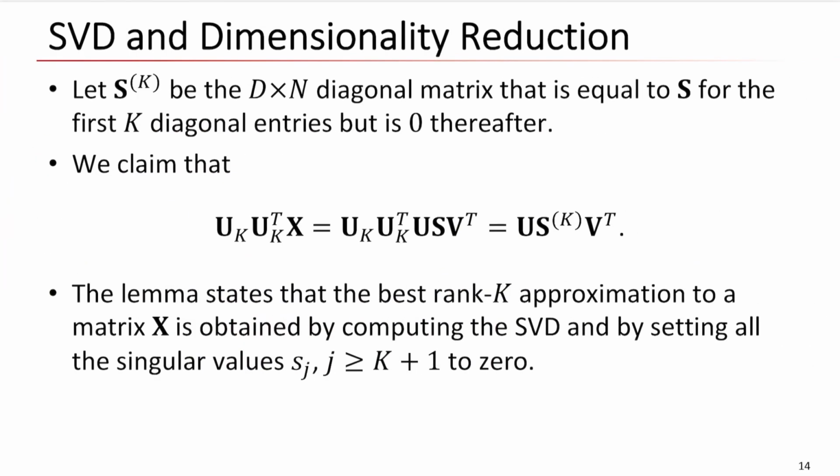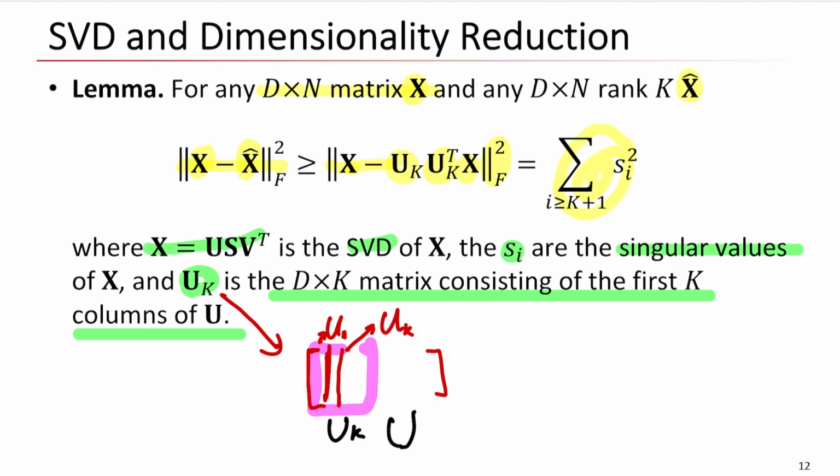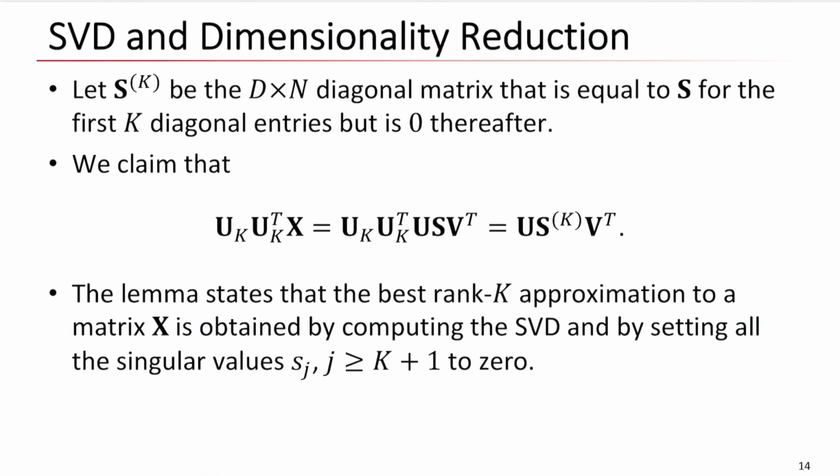So why does the first few Uk contain more important information than the remaining ones? We will use this lemma. First of all, let's say matrix Sk is the D by N diagonal matrix, which is equal to S for the first K diagonal entries, but is zero thereafter.